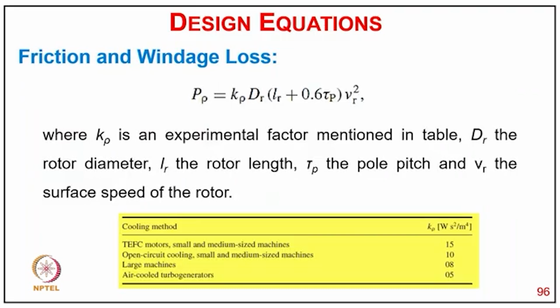Or you can call it that P equal to Kp pi dr in bracket Lr plus 0.6 tau p into Vr squared, where Kp is the experimental factor mentioned in the table below, dr is the rotor diameter, Lr is the rotor length, tau p is the pole pitch, and Vr is the surface speed of the rotor, or you can call it the peripheral speed. So for different motors, this value of Kp, in watt second squared per meter to the power 4, typically varies from 5 to 15.